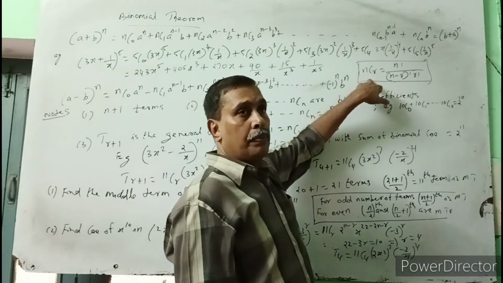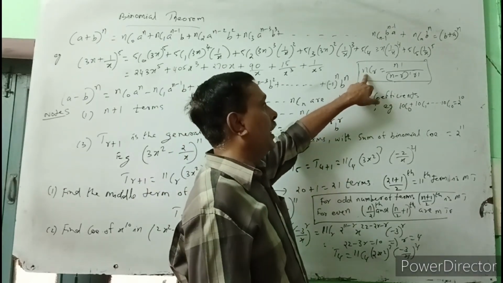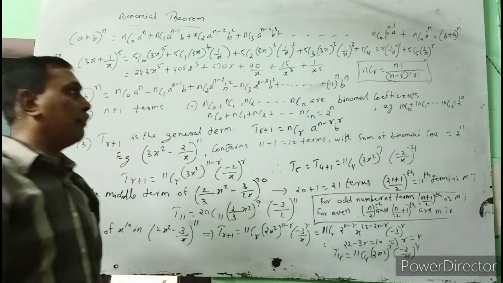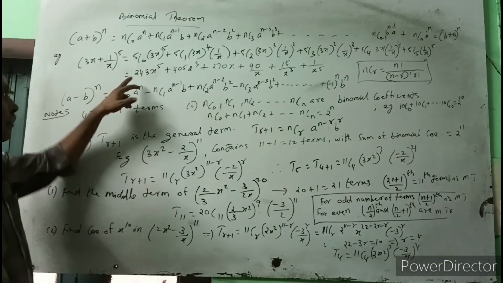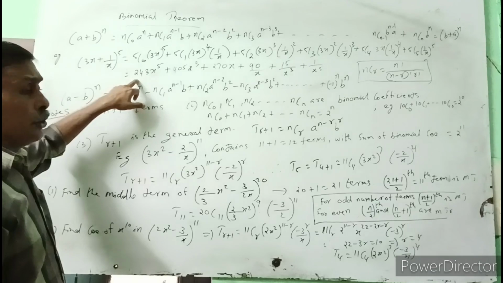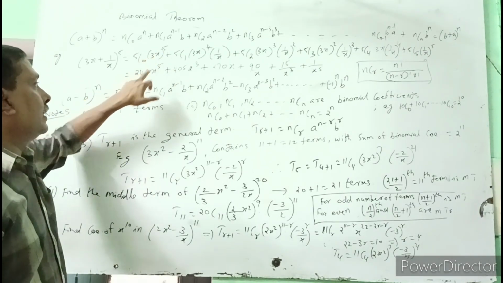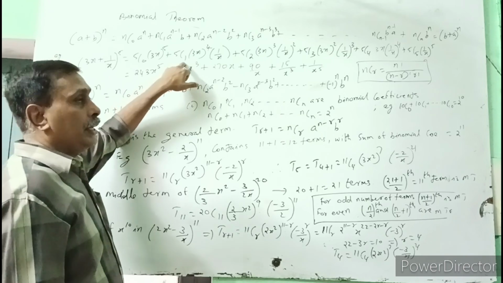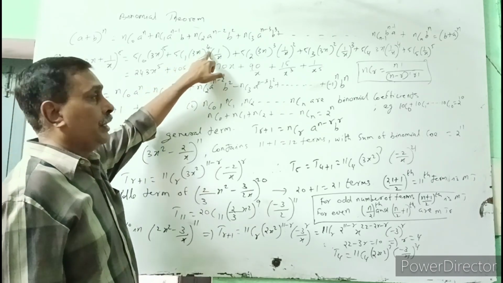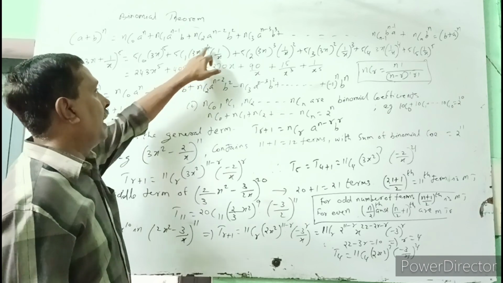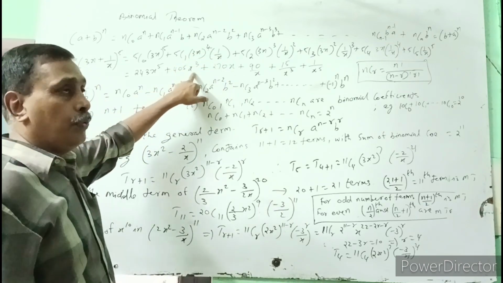Here in permutation and combination we studied nCr is the same as n factorial upon (n minus r) factorial into r factorial. Now if I am simplifying, 5C0 is 1, 3^5 is 243, x^5. 5C1 is 5, 3^4 is 81, 81 into 5 is 405. Here x^4 upon x, x³ will come.